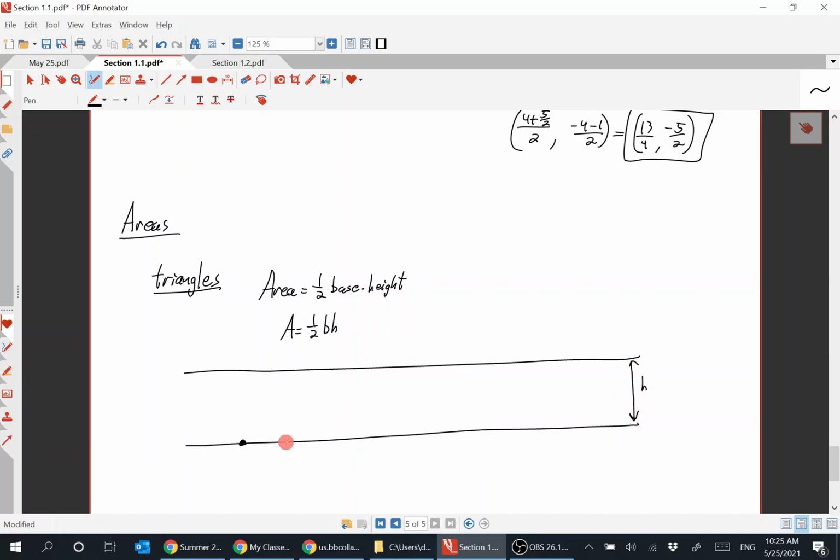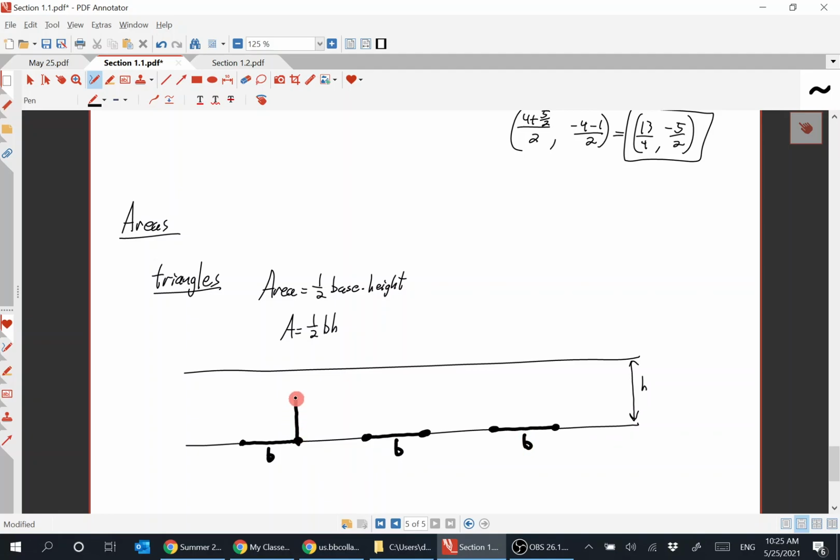So any triangle whose base is length b. So these lengths here are all b, b, b, b.